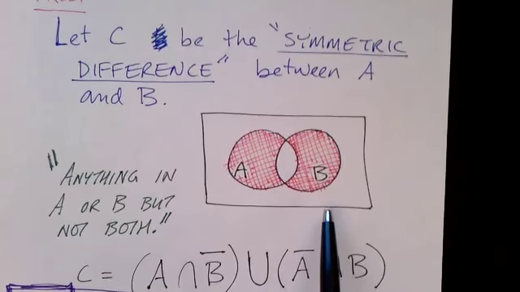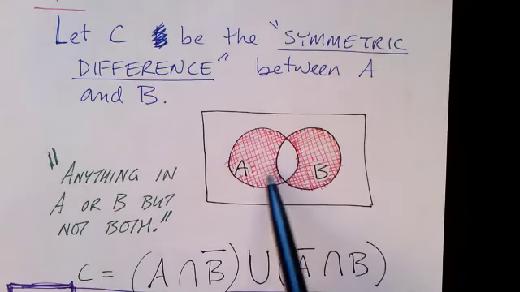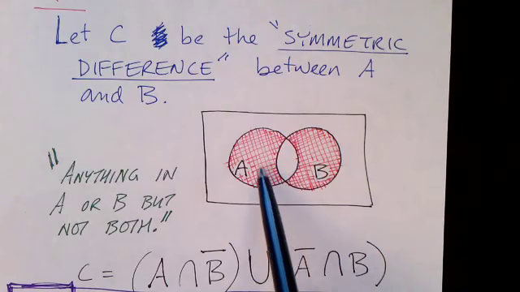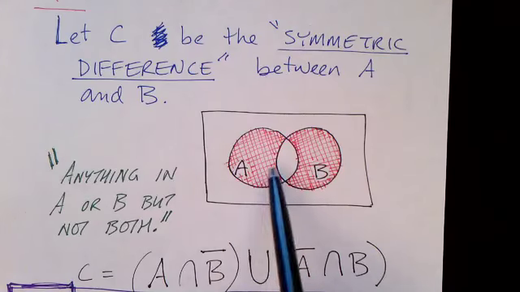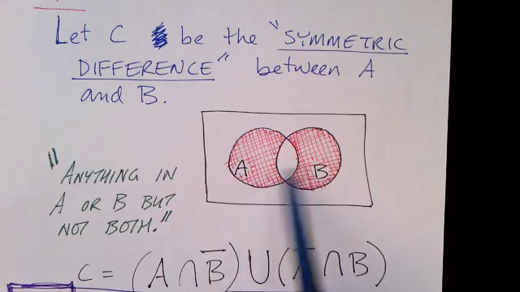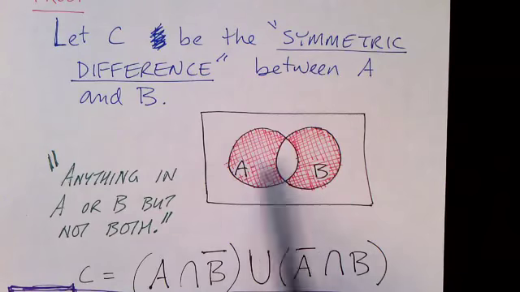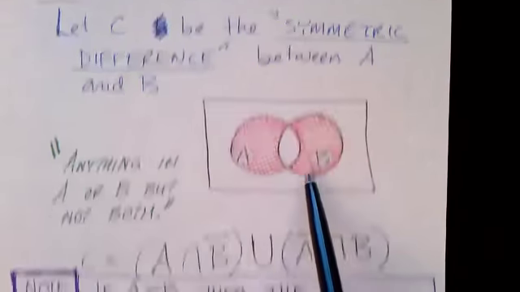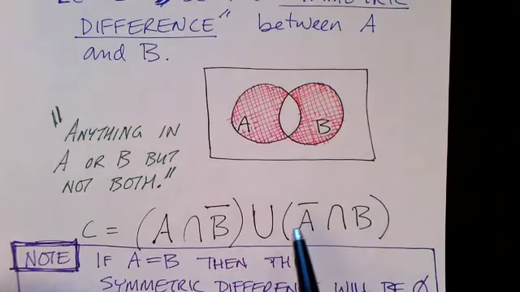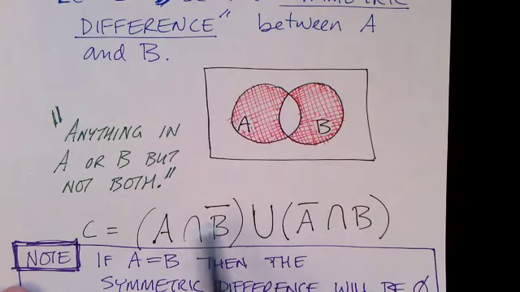But in any case, let me talk about what symmetric difference is. The symmetric difference is anything that's in the set A or it's in the set B, but it's not in both A and B. So it's exactly that area that I've drawn red. And here is a definition in symbols of it.